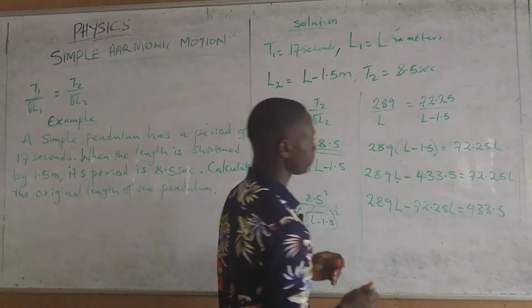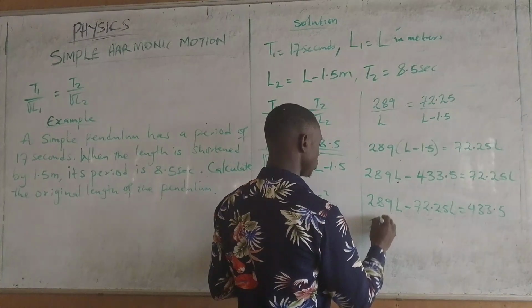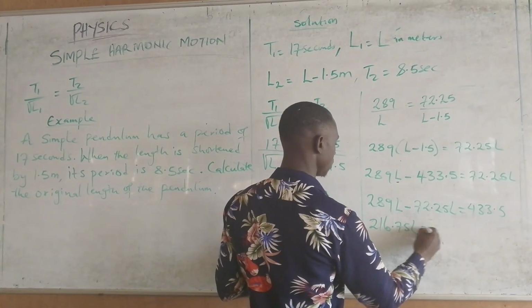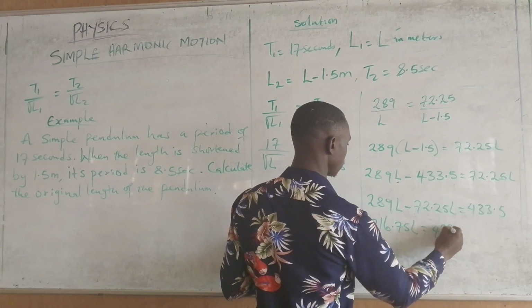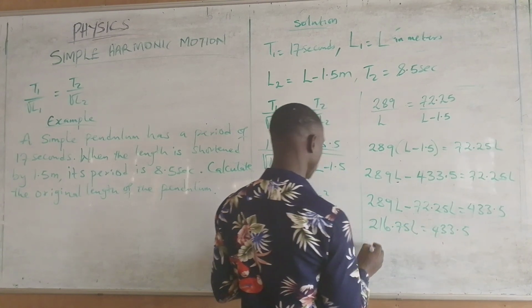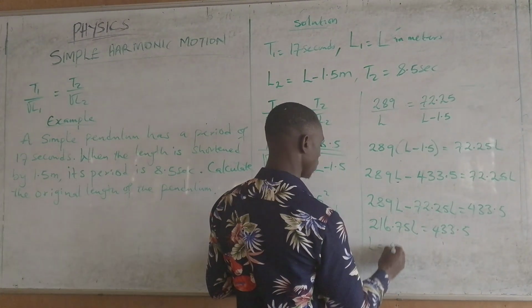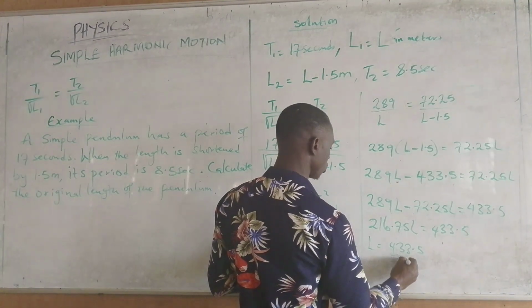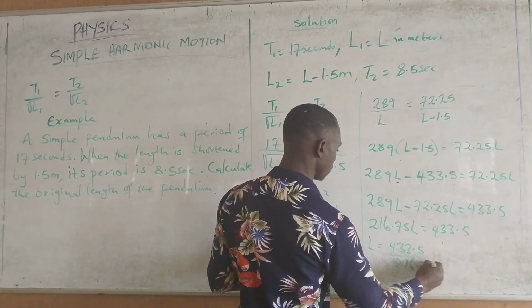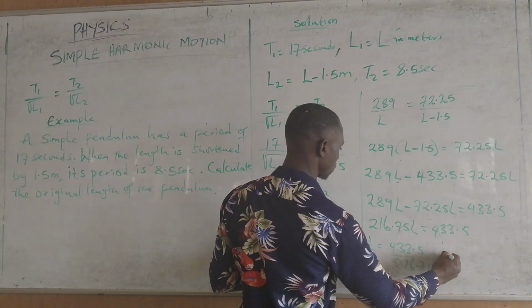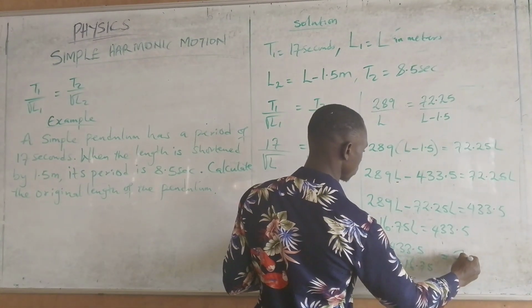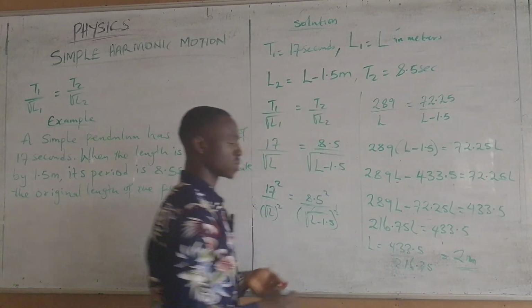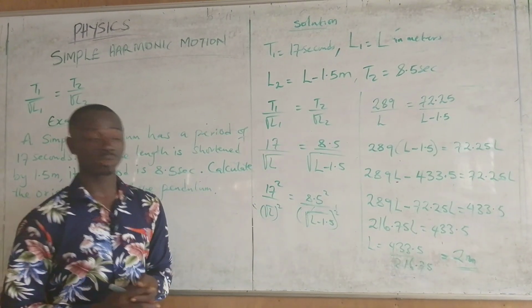What do we have here? 216.75 L equals 433.5. Therefore, L is 433.5 over 216.75, and that's 2. So the original length is 2 meter.